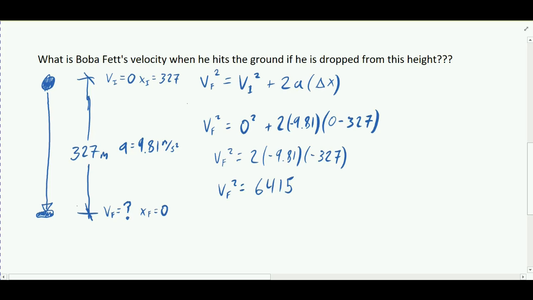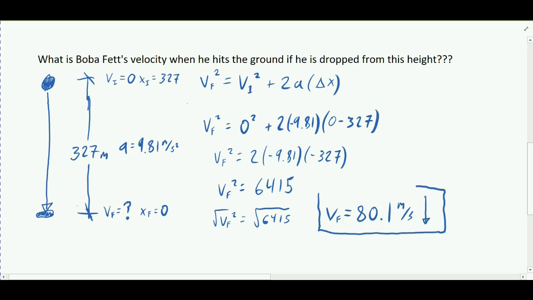So we take the square root of both sides. And our VF, our final velocity, will be 80.1 meters per second. And usually on a test you do want to draw an arrow or something like that just to indicate the direction.